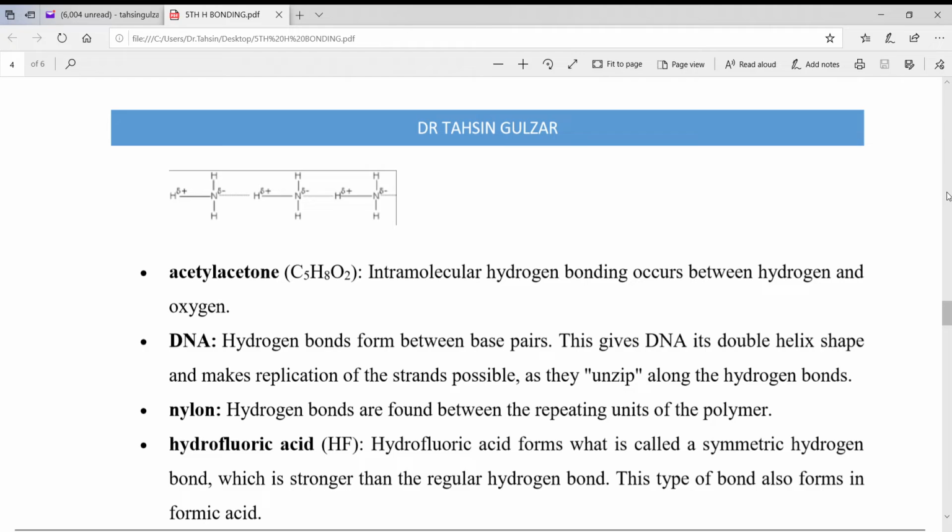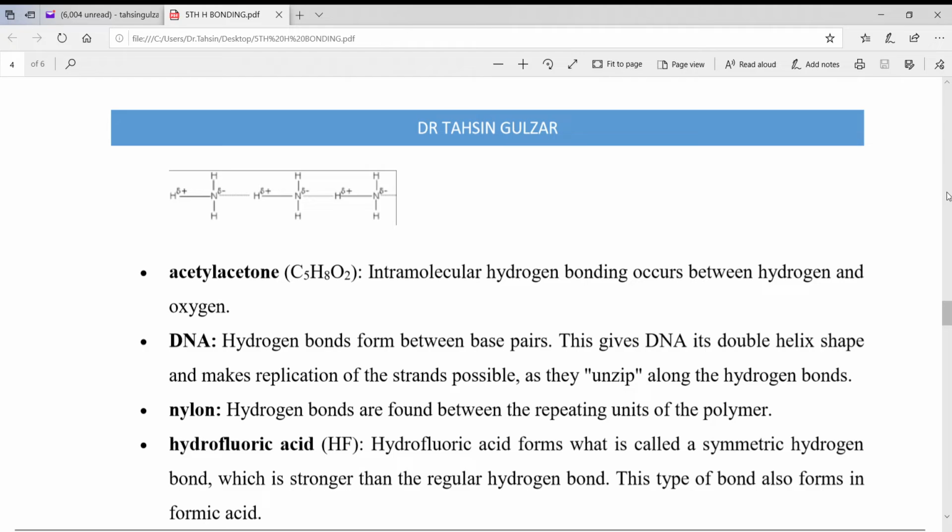And it is very important in genetics, the inheritance of characteristics from one generation to another generation is due to DNA transfer.